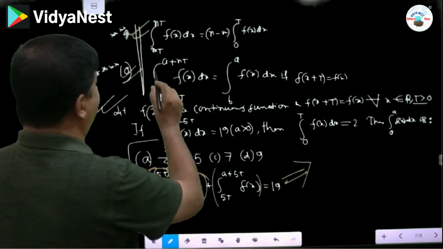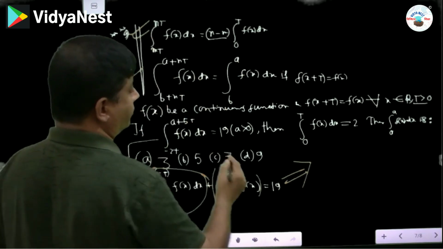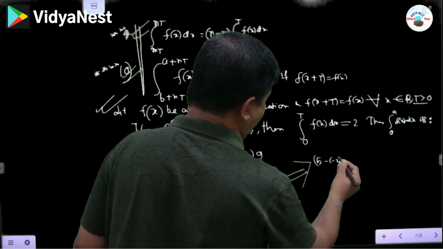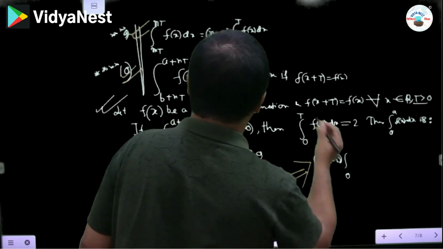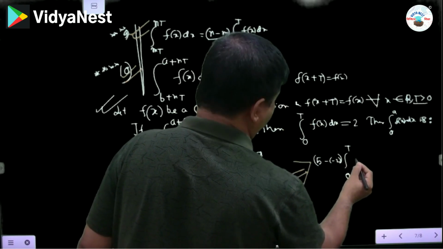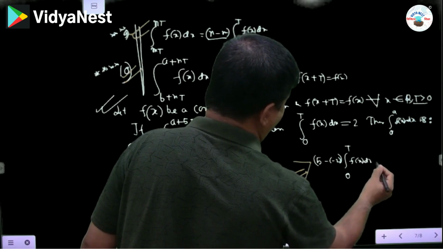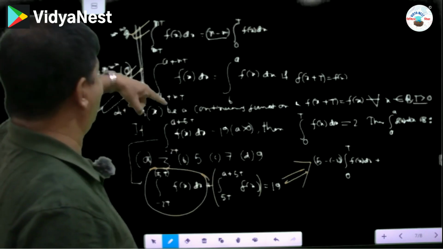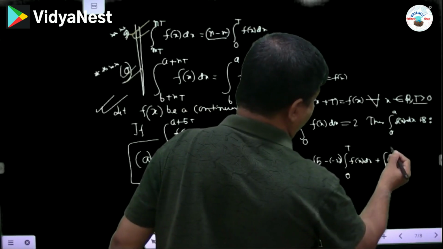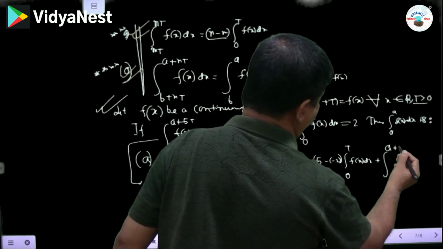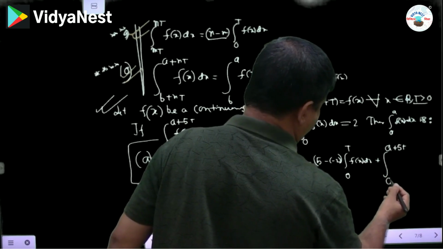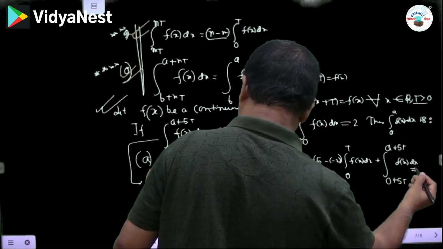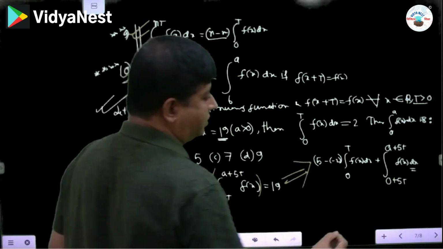See, n minus m. So 5 minus of minus 2, the integral from 0 to T of fx dx, plus, here you compare this expression to this formula, A plus 5T, 0 plus 5T, fx dx is equal to 19, what is specified here.